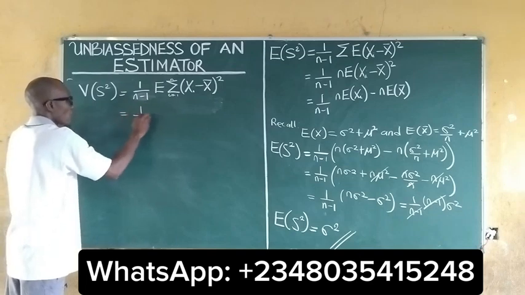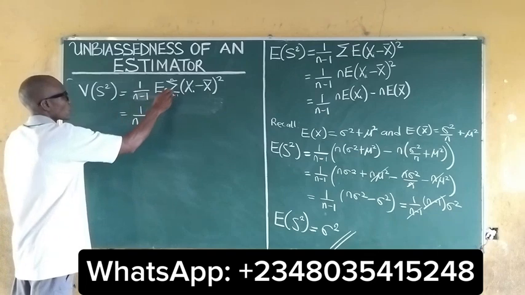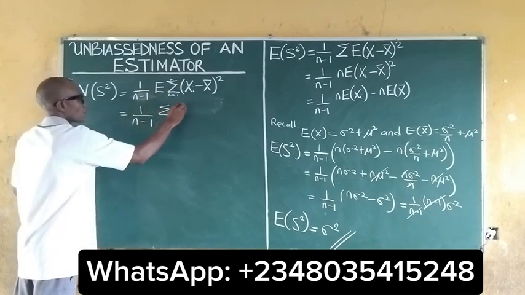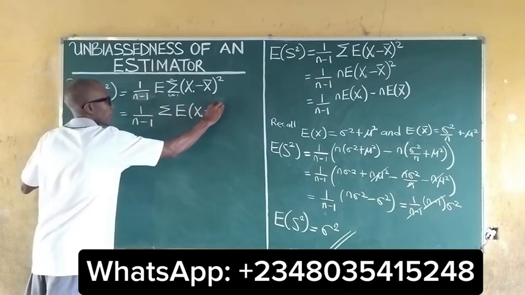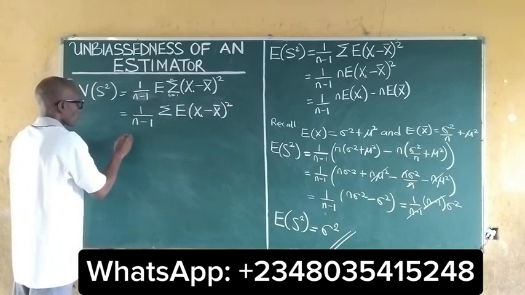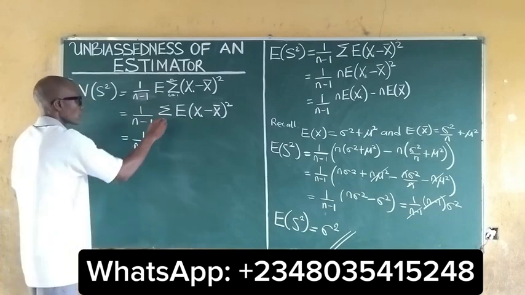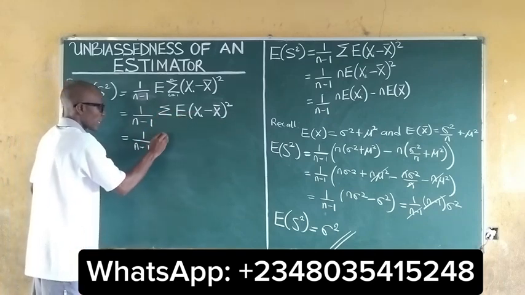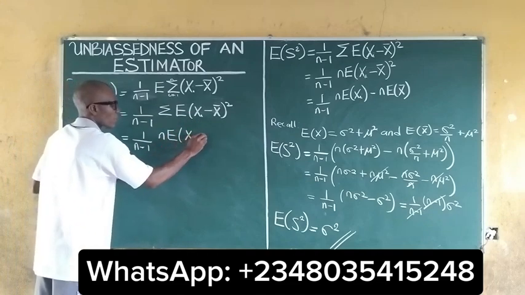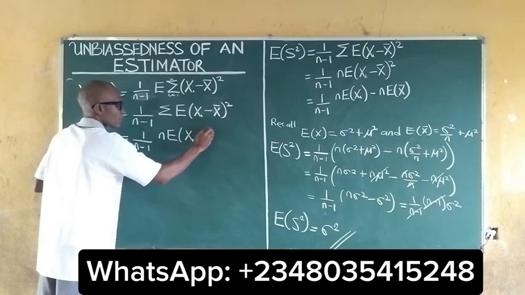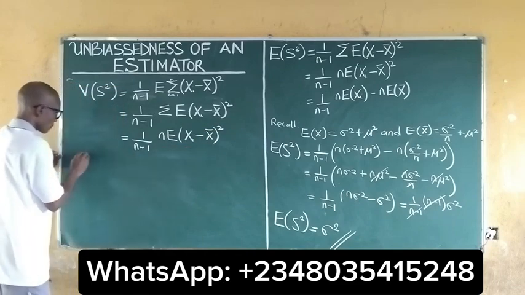It then means that 1 all over n minus 1, we bring this out, the summation of the expected value of xi minus x bar all squared, which is 1 all over n minus 1. If we sum a constant, we get n times that constant. So we have n times this.